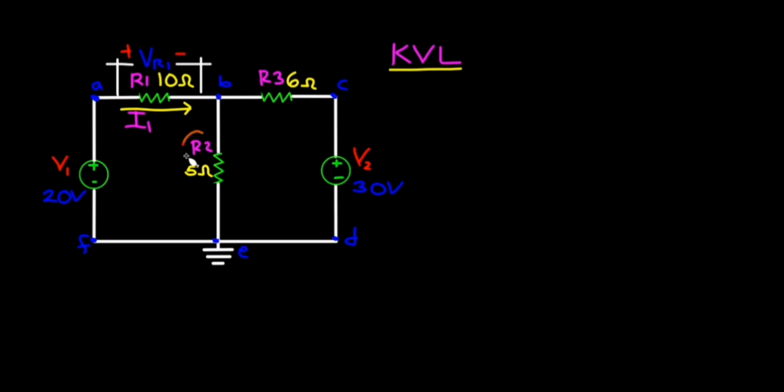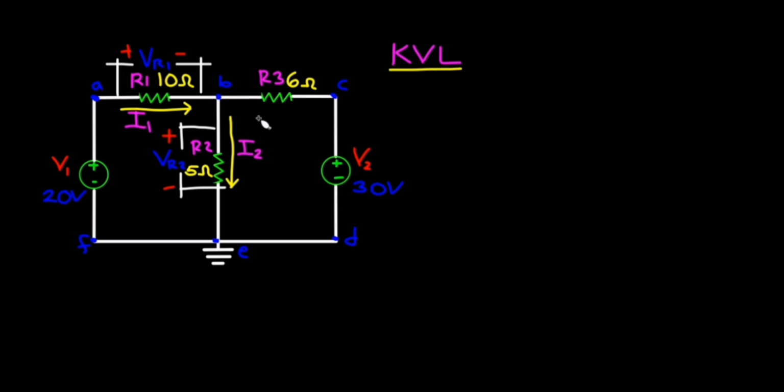Then next for R2, the current flows away from the junction, to be called I2, and the voltage drop is referred to as VR2. The polarity is assigned from positive to negative.